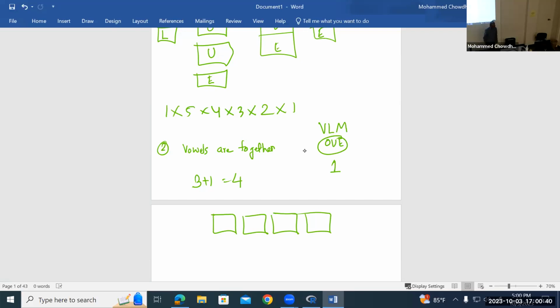So she asked me the question. The vowels being together can happen in 6 ways: O, U, E; O, E, U; E, O, U; E, U, O; U, O, E; and U, E, O. Clear, right? 6 arrangements, right? So now just consider only one arrangement in here. How many ways can these 3 be arranged?